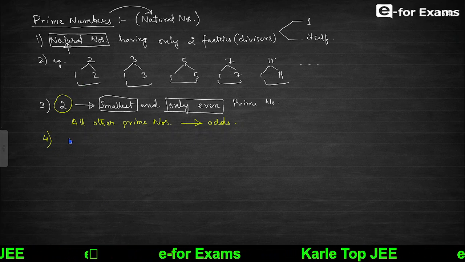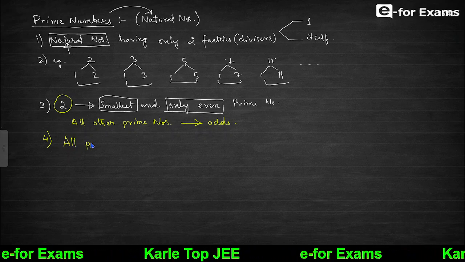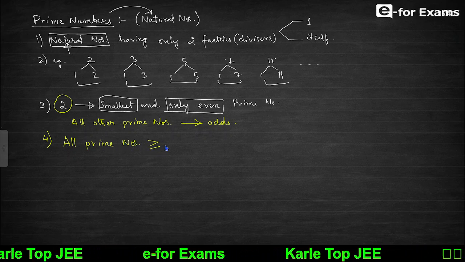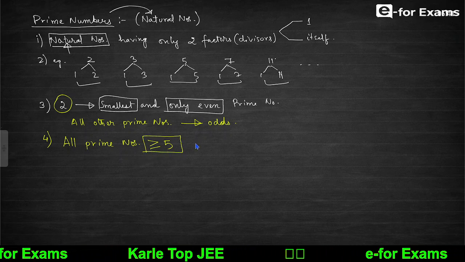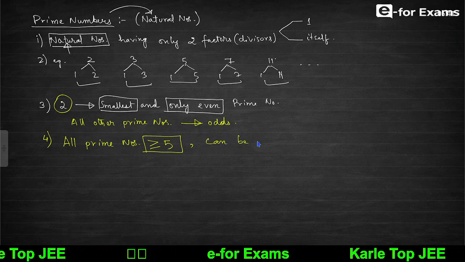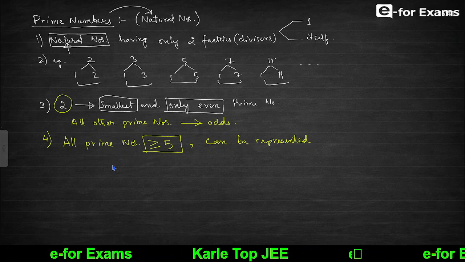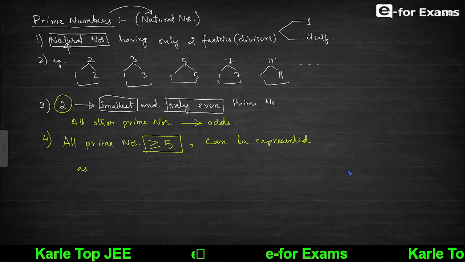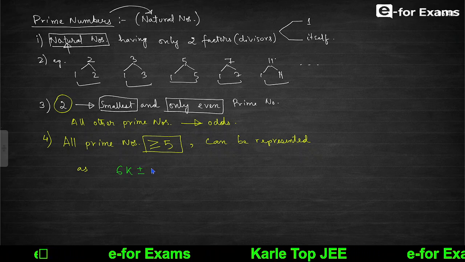Point number 4. Remember that this is important. All prime numbers greater than or equal to 5 can be represented as 6k plus or minus 1.